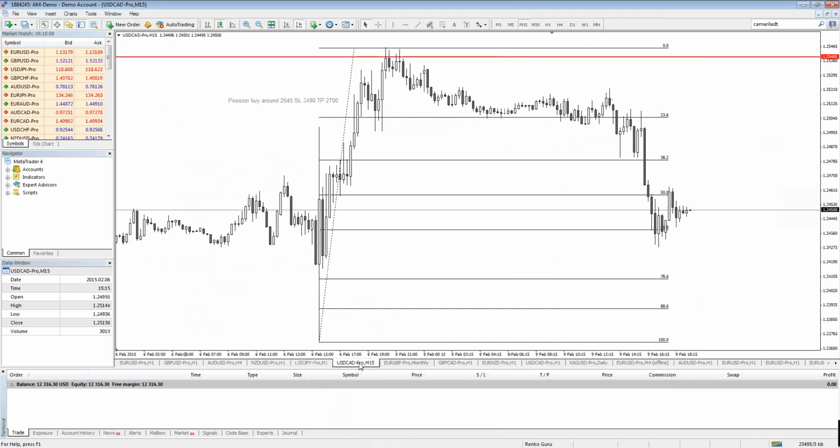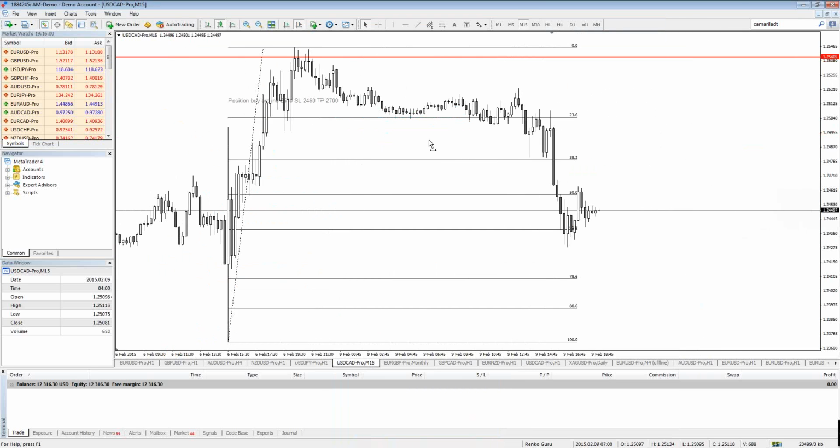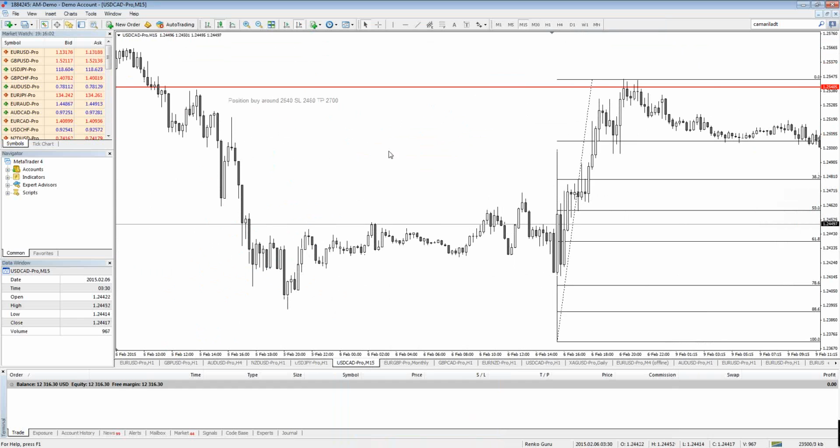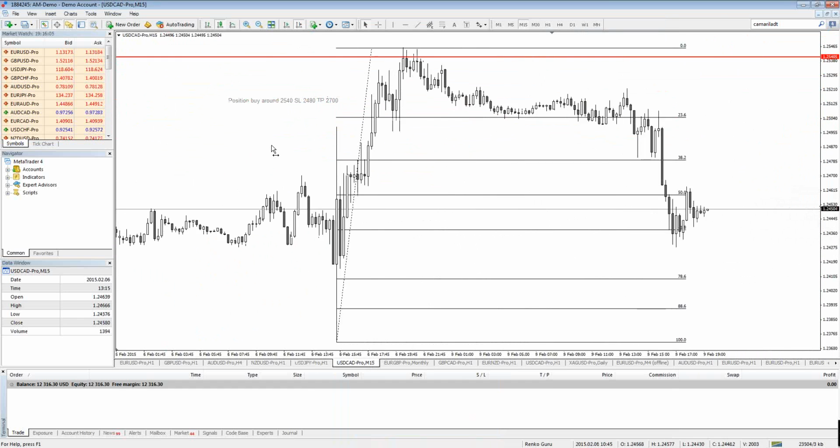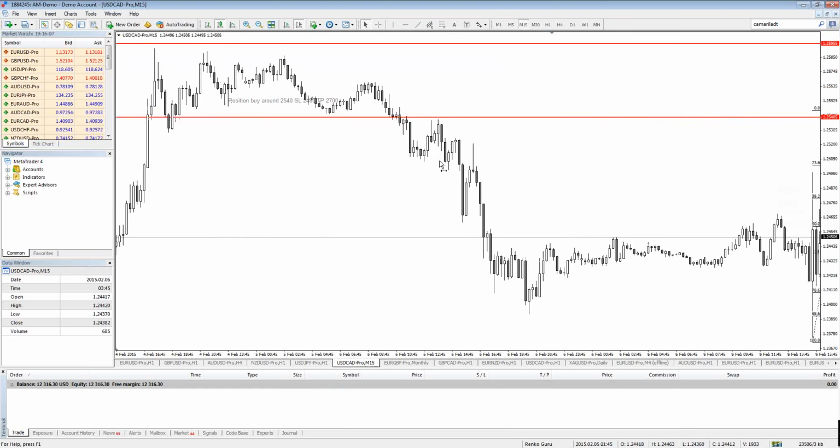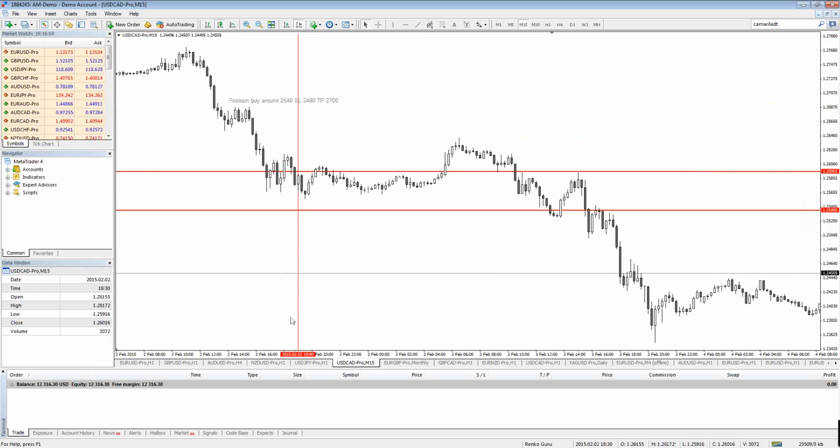Then we had dollar CAD, which was again a very, very good trade. Position buy, yes, and now let me mark. Yeah, this was it. This was the time of our webinar, and I said buy dollar CAD at 25.40 with 24.80 stop loss.